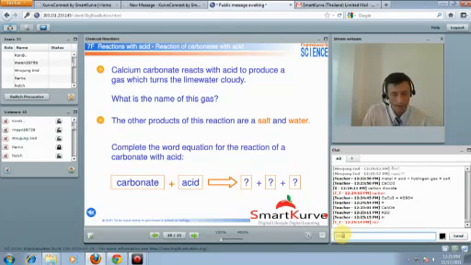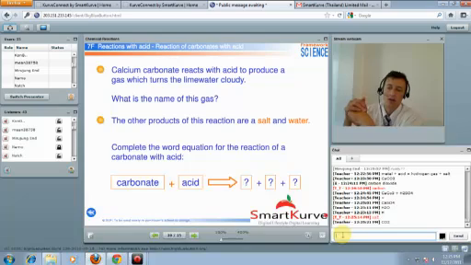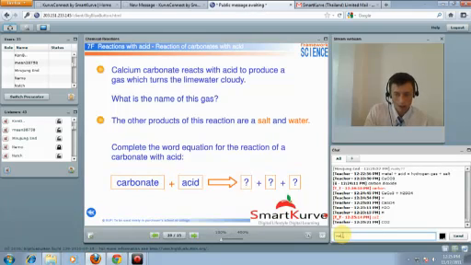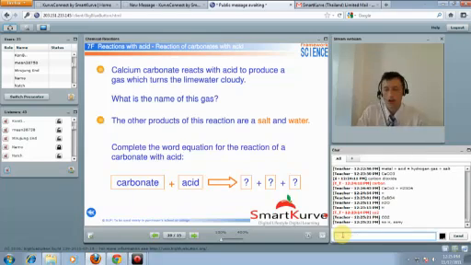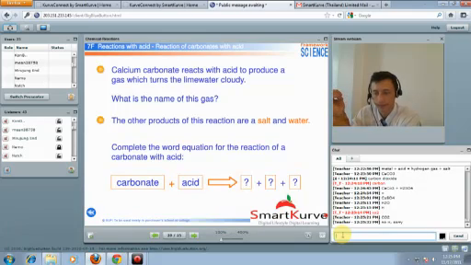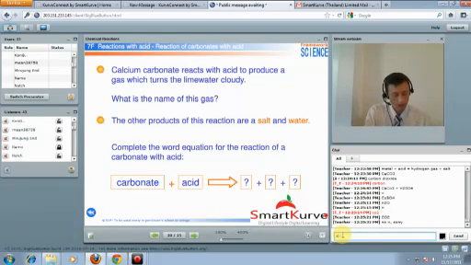I made a mistake there, no hydrogen gas. So our three products there are salt, water, and CO2.